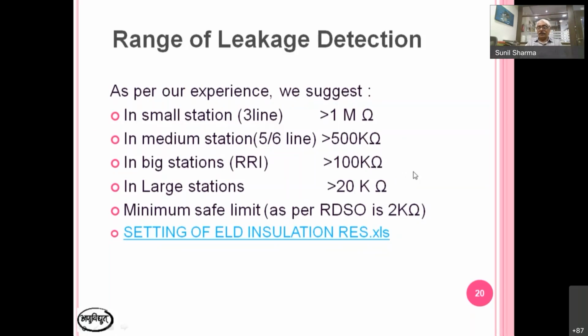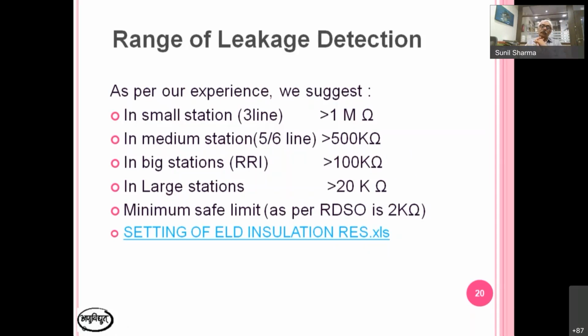In a big station, RRI type, it always remains 1 meg or above in good condition, between 10 and 1 meg. But in the rainy season, it comes down to 100 kilo ohm. But in good condition, it will always remain above 500 K, 1 meg, etc.